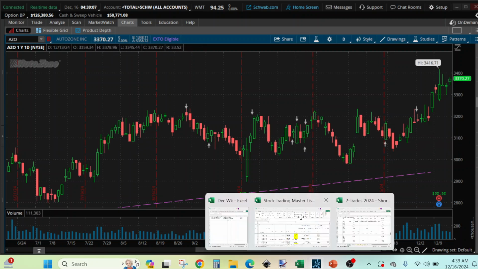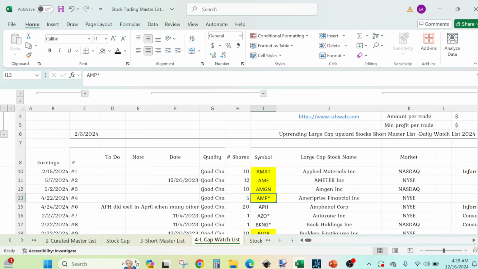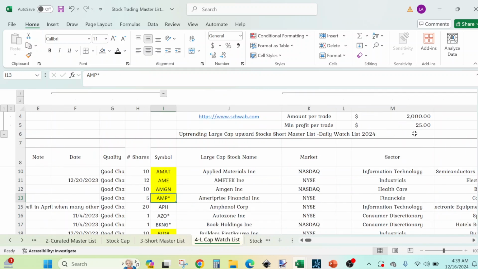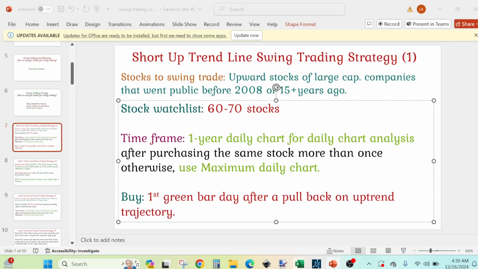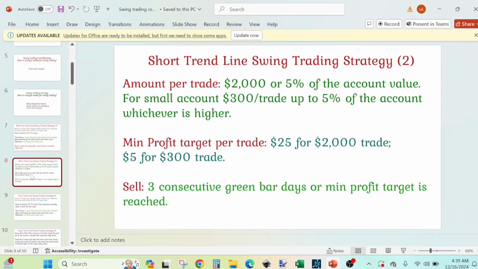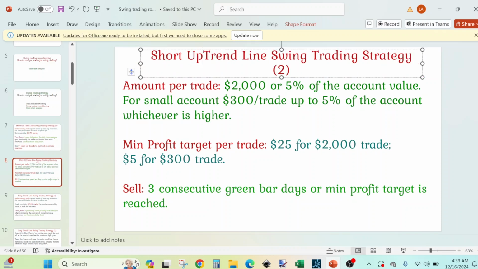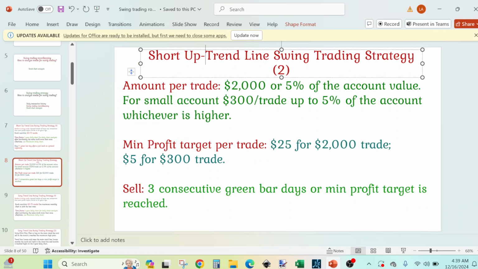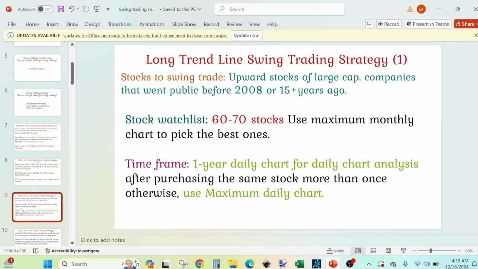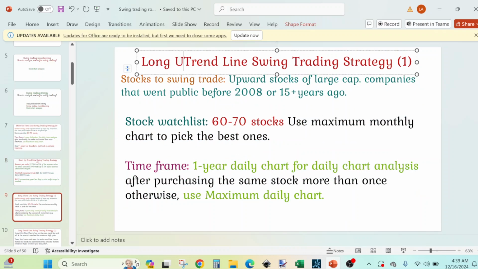And our minimum profit is $25 for $2,000 per trade, and that allows us to swing trade regularly to practice the swing trading strategy we are using. And going forward, we like to try the long-term uptrend line swing trading strategy.